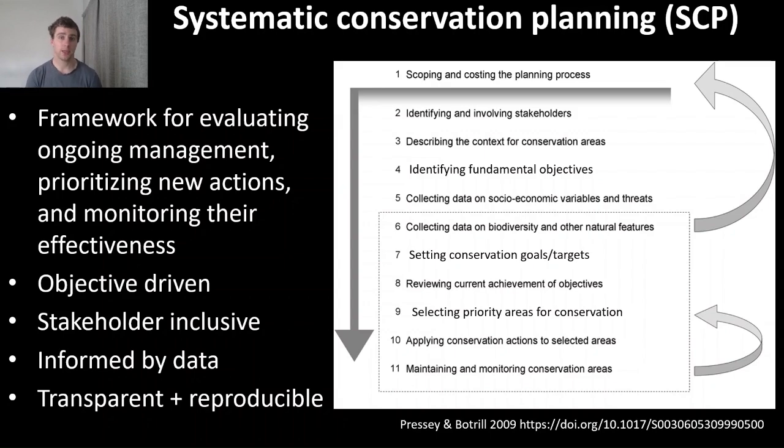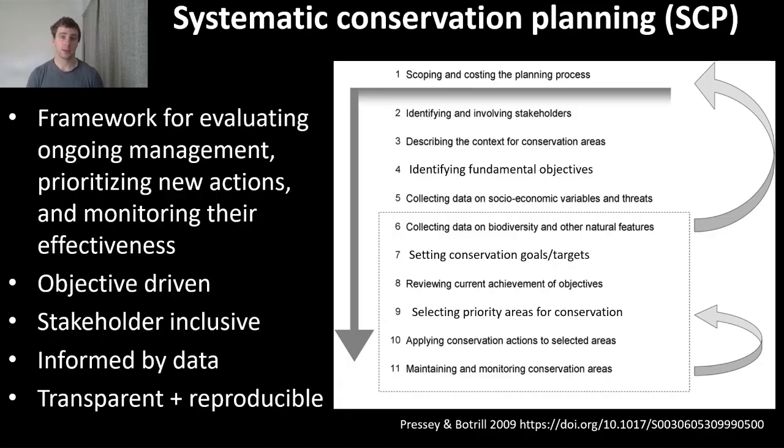The third step is describing the context for the conservation areas. So this is really important because this is understanding what's the decision-making context. Is this particular exercise being implemented to try and identify protected areas, or is it looking at land acquisition, trying to guide land acquisition for a land trust, for example, or is it looking at establishing marine protected areas?